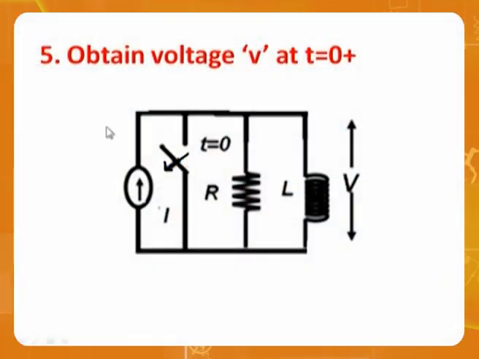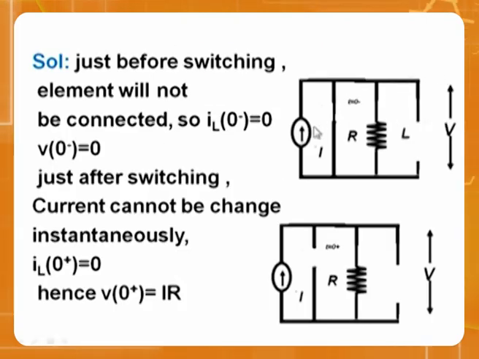Now let me go to the last but one. Obtain the voltage at t equal to 0. Same elements, the only thing is that instead of a capacitor I am using an inductor. Now observe slowly. Is the inductor connected to the source? No. It seems to be connected, but because this is a short circuit, the current is completely going here. No current is coming here.